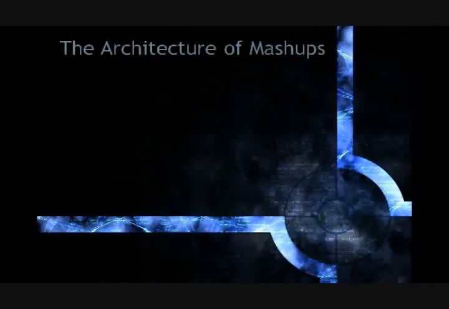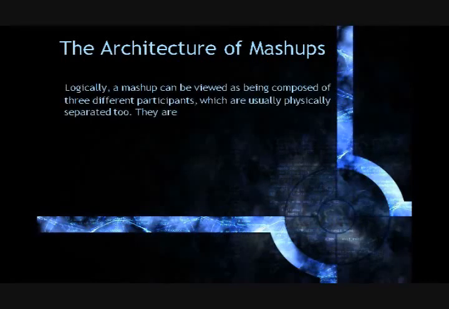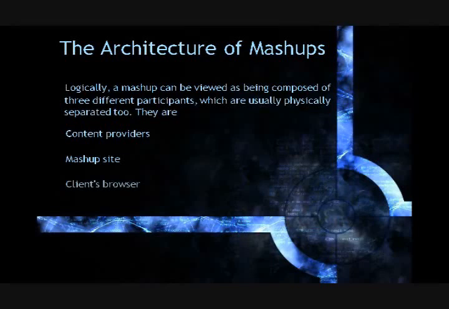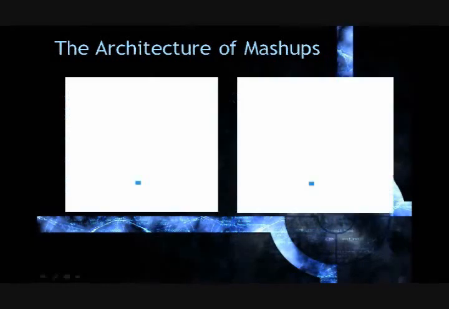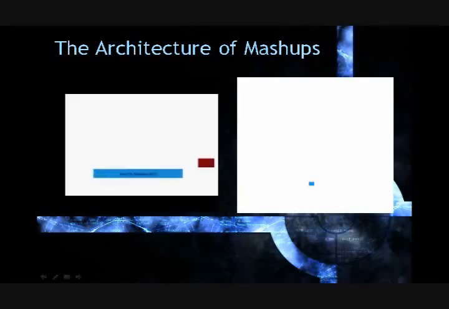The architecture of mashups. Logically, a mashup can be viewed as being composed of three different participants, which are usually physically separated too. They are content providers, the mashup site, and the client's browser. Now let's consider the architecture of mashups.